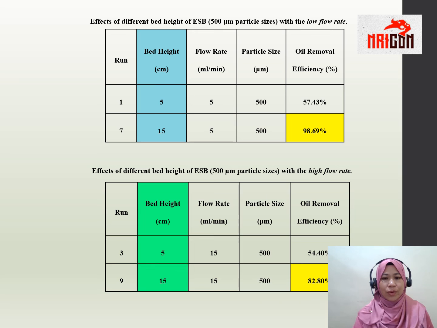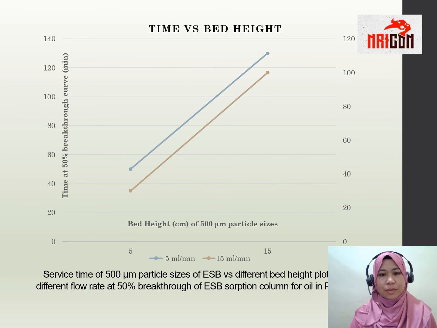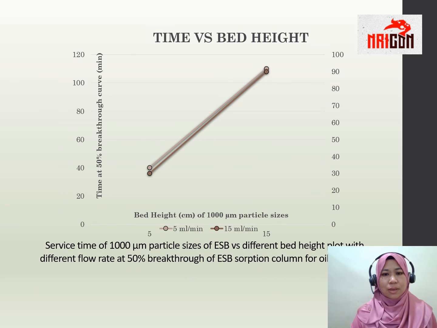At the high flow rate, run number 9, by using 15 centimeter bed height, showed oil removal efficiency of 82.80%. The graph shows the bed height of 500 micrometer particle sizes, and this is the bed height of 1000 micrometer particle sizes.